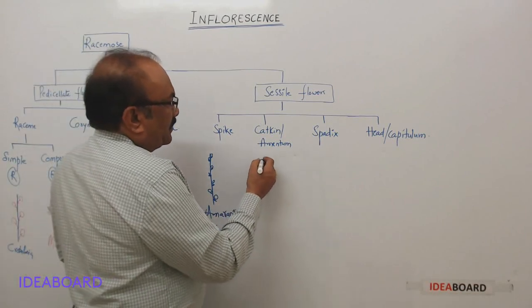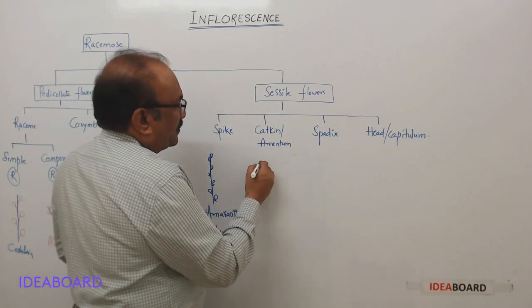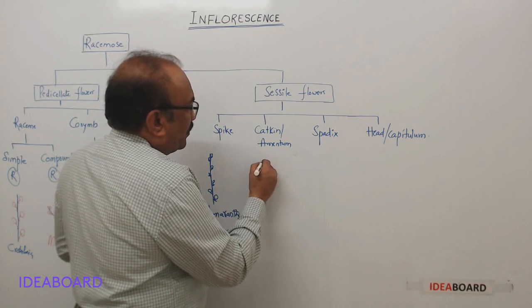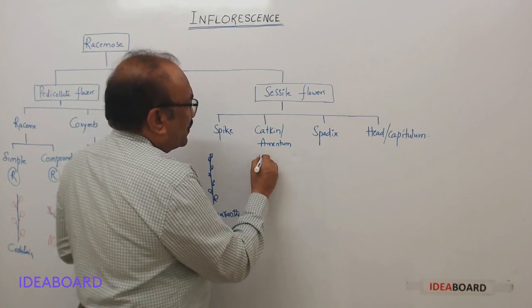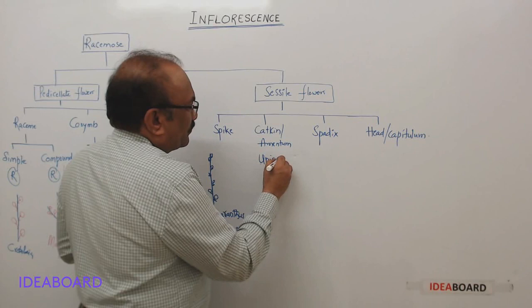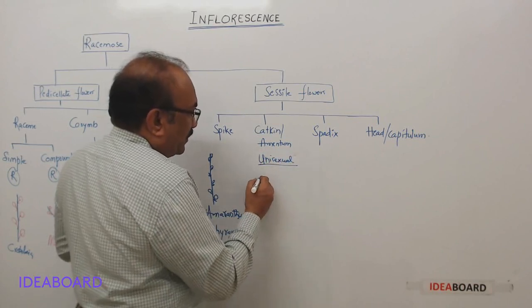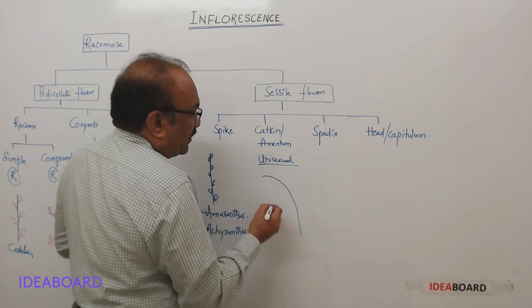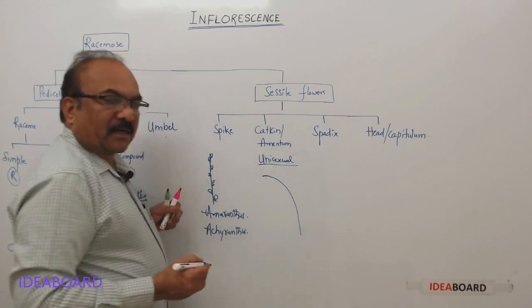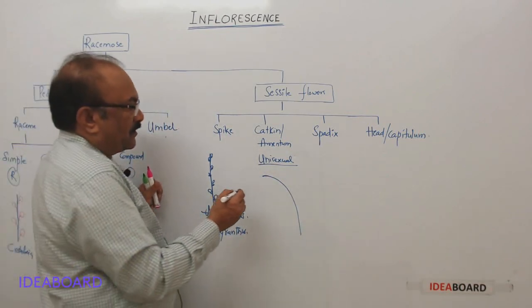And catkin is a unisexual inflorescence, and here it will have a drooping peduncle or weak peduncle.